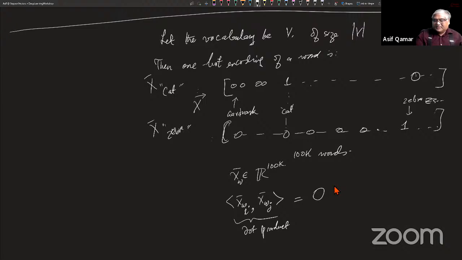Why? Because x of word i is perpendicular always to x of word j, for all i not equal to j. If every word is orthogonal to every other word, then there is no way that you can talk about the similarity of words.